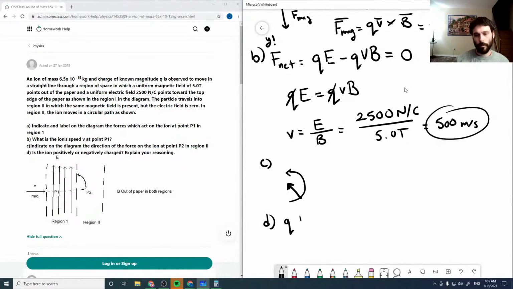And then D is: Q positive or negative? Our force from our magnetic field is minus QVB y hat. But from our free body diagram, we can see that our force has to be in the positive y direction, so Q must be negative.